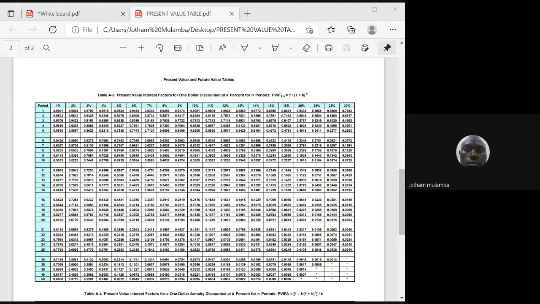But for the purpose of industrial or natural practice, we use IRR to make a decision on which investment to make. I've given an example that if you are borrowing money from a bank, you have to calculate the IRR of that project and compare it with the interest rate that the bank is charging. If the interest rate is higher than the IRR, then you don't invest in that project, because the cost of financing is higher than the return you are going to get.